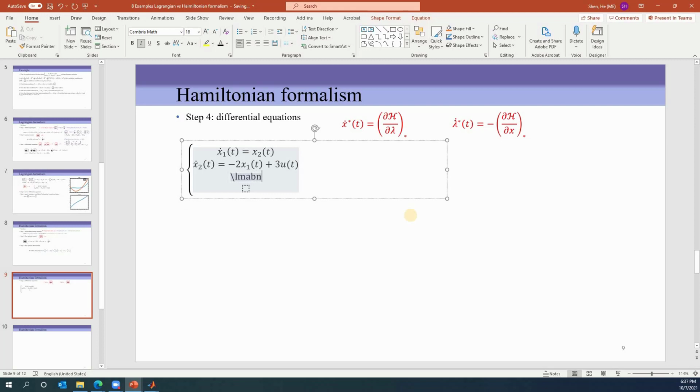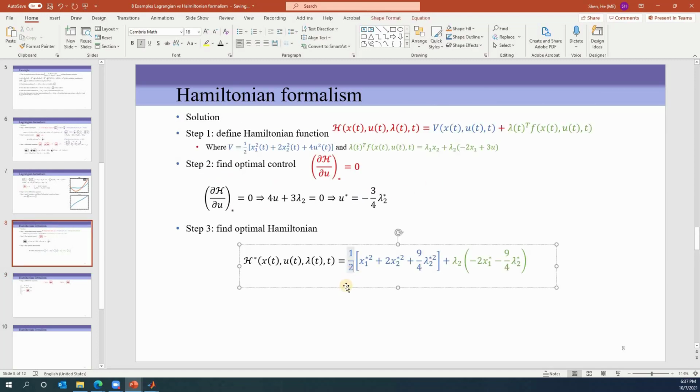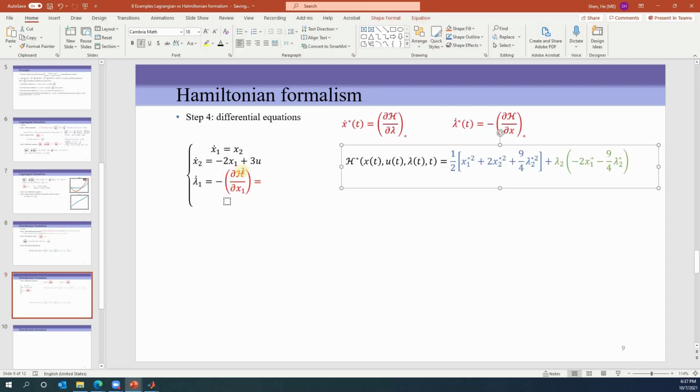Lambda 1 dot, and it's a function of time t. I'm not going to write that, just to make it a little bit shorter. So let's get rid of t. Lambda 1 dot is equal to negative partial h, partial x1. And h star is already defined here. This h is also the h star because we use the optimum, right?